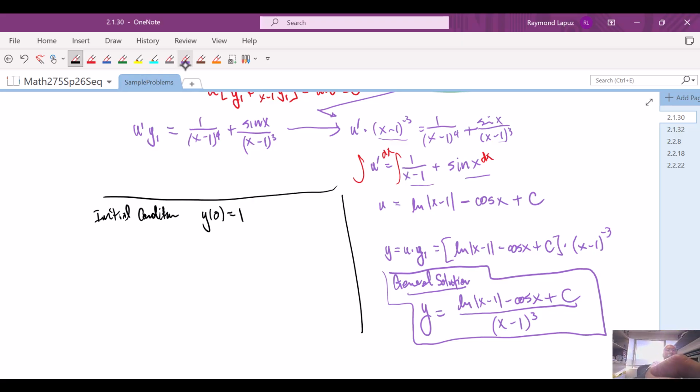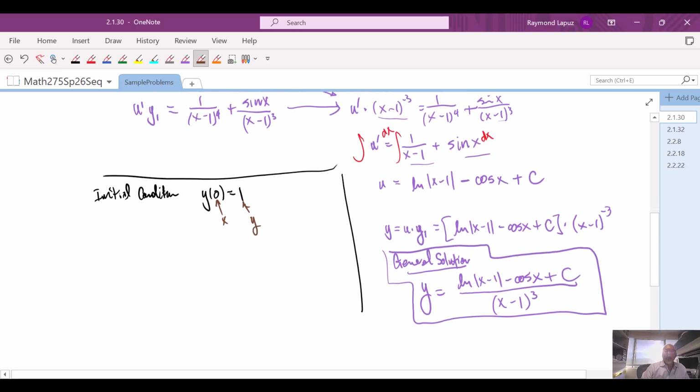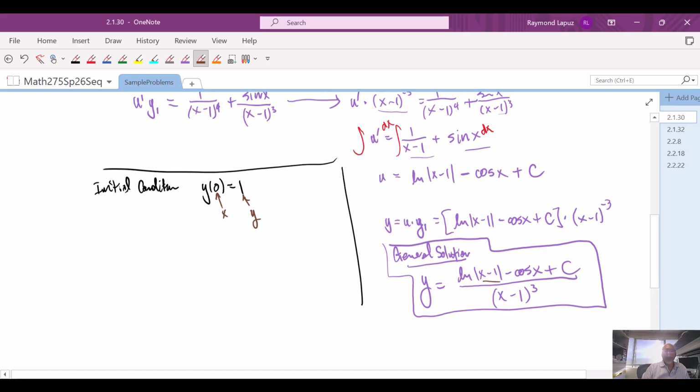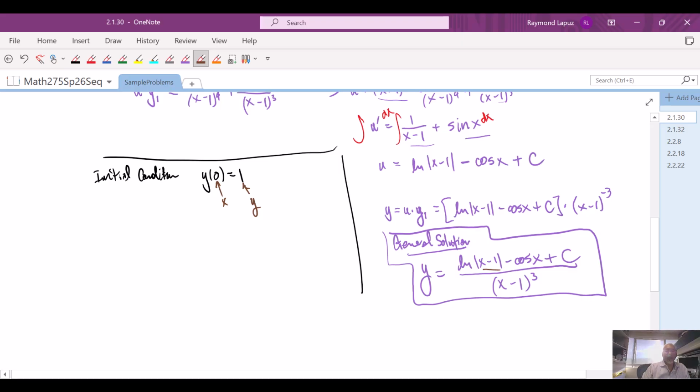So this tells us that x is equal to 0, y is equal to 1. And this is a good thing that we found the absolute value there, because, you know, we're going to get a negative number in the ln, and that would be bad.